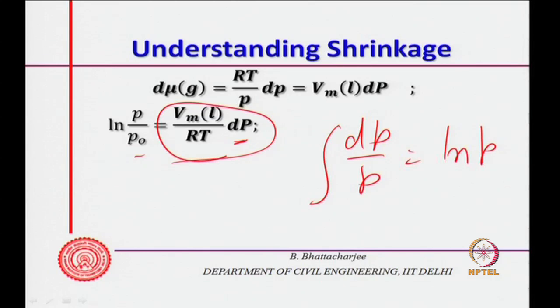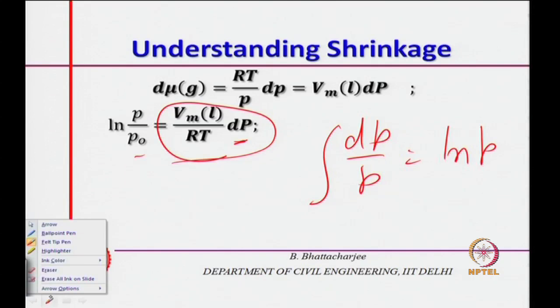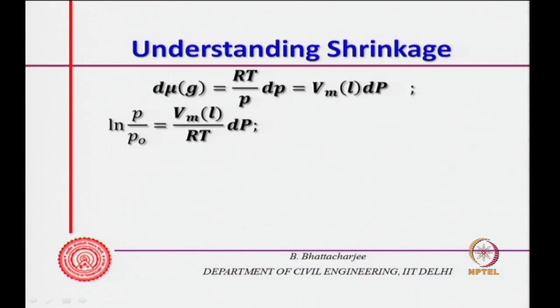So, ln P by P 0 equals V m L by R T dP. Now, this vapor pressure change can occur because of applied pressure or because of phenomena like surface tension.